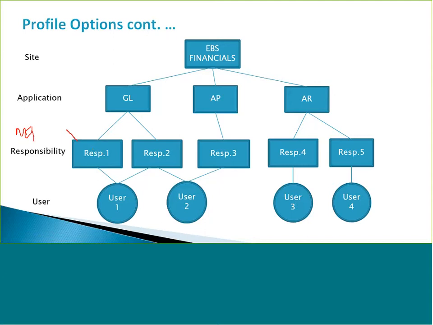If they log in as this responsibility 1, then they will be able to see this Mascani ledger, okay? But if they log in and then they take responsibility 2, and responsibility 2 has not been assigned the GL data access set for Mascani, then they cannot see the Mascani ledger.